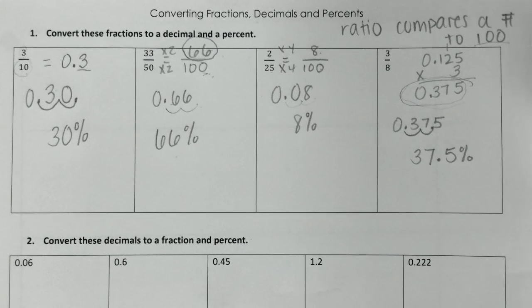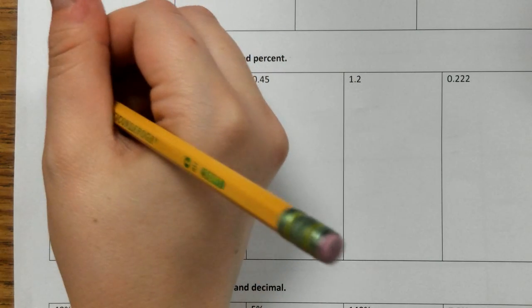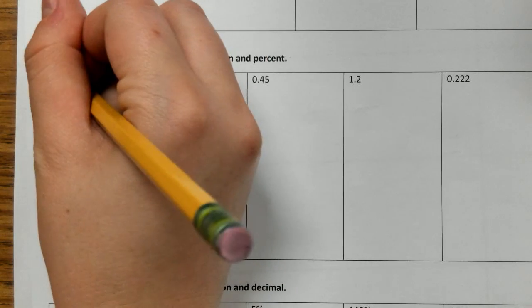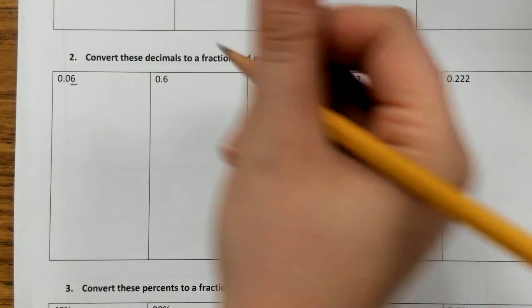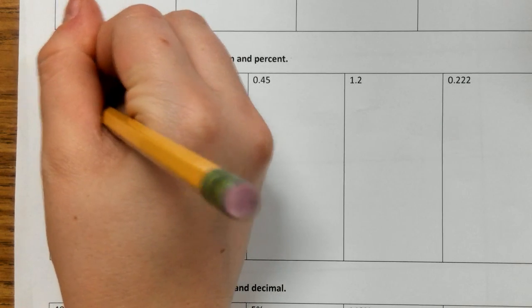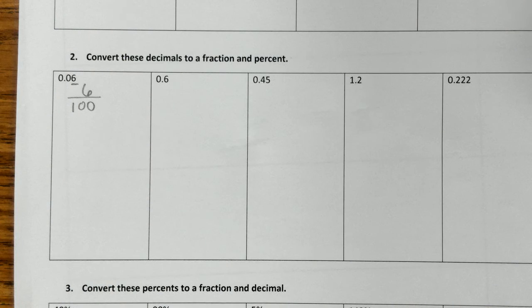Okay, in the second section, we're going to be converting decimals to fractions and to percents. So let's go ahead and read this 0.06, or you actually read this as 0 and 6 hundredths. Where the number is determines the denominator of your fraction. So our denominator is 100. The number behind the decimal is 6. Okay, now it's a fraction.